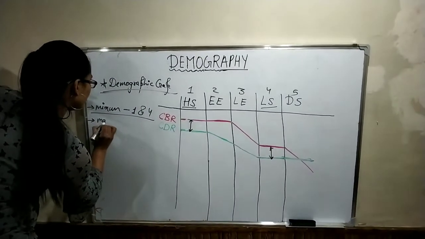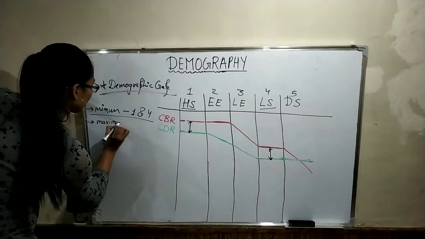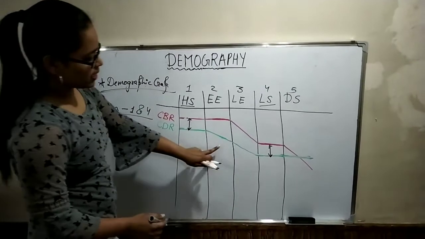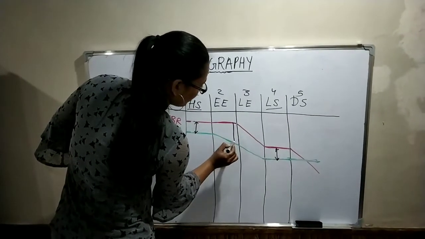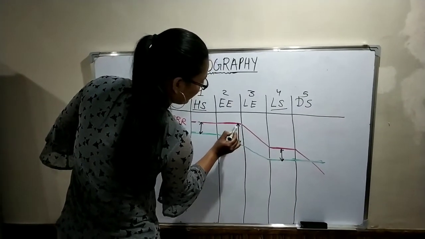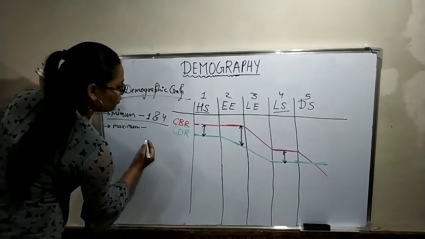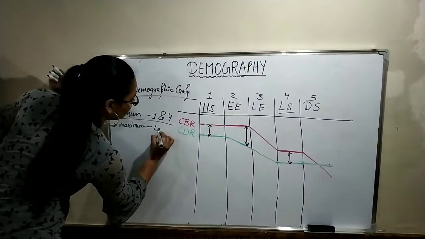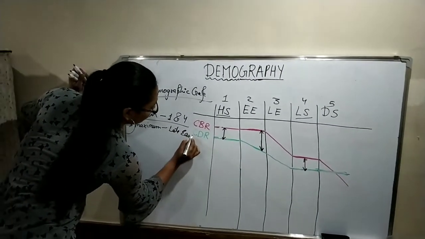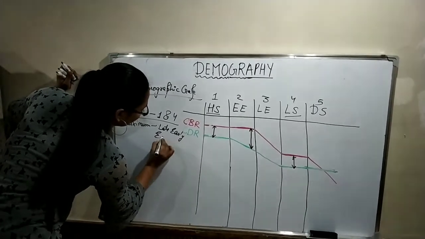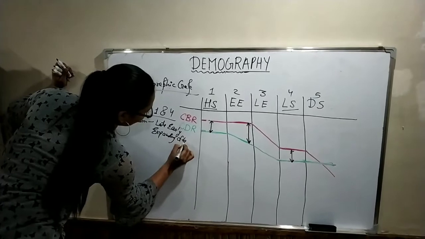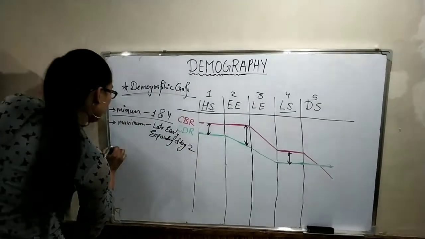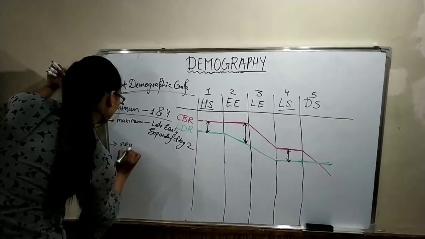Then it is maximum in, where it is maximum? It is maximum in late early expanding stage, stage 2, and it is negative.